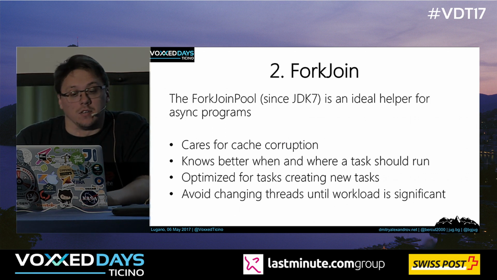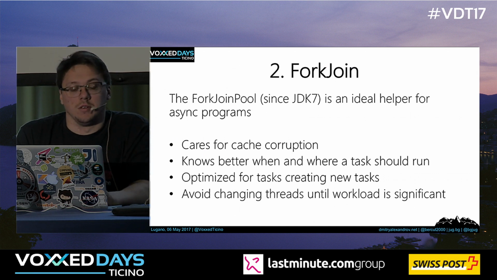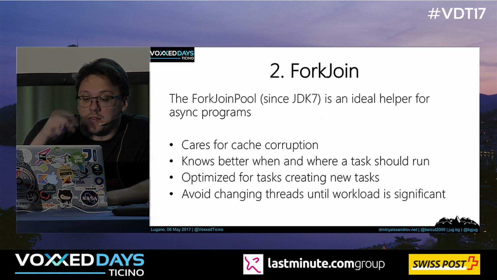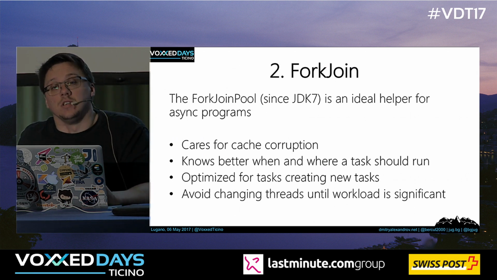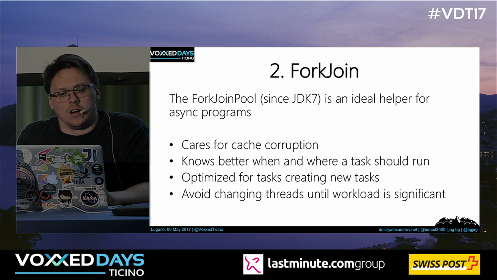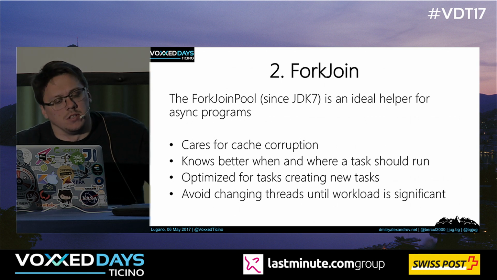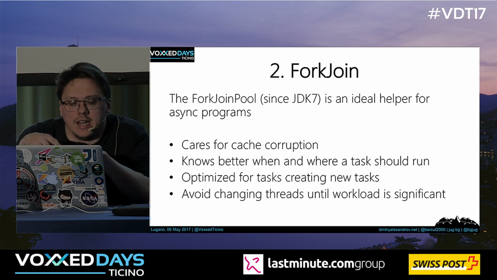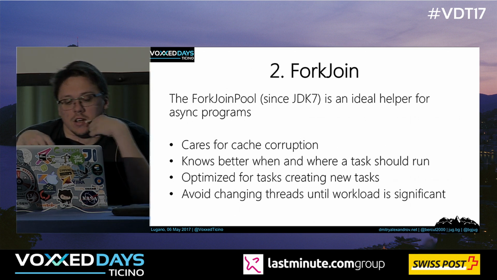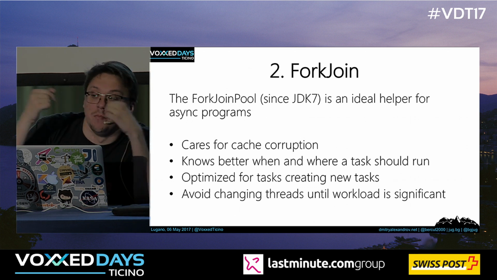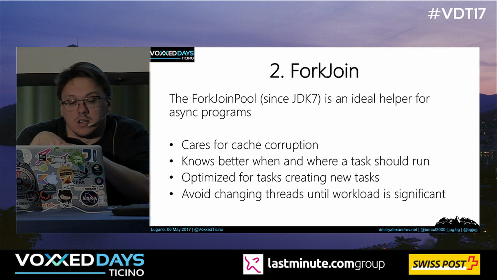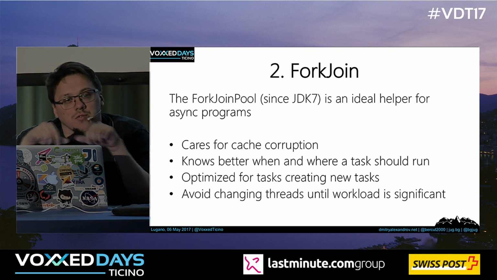Another foundation, which is the biggest achievement, I believe, is the fork join. Since it's available from JDK 7, it's really a perfect helper for CompletableFuture, because the algorithm itself is really good, and it's mainly good for creating new tasks. It's optimized for creating new tasks, and it cares very much about cache corruption.